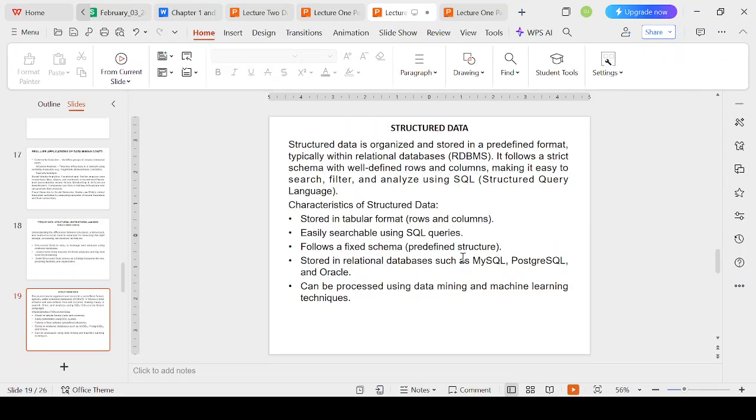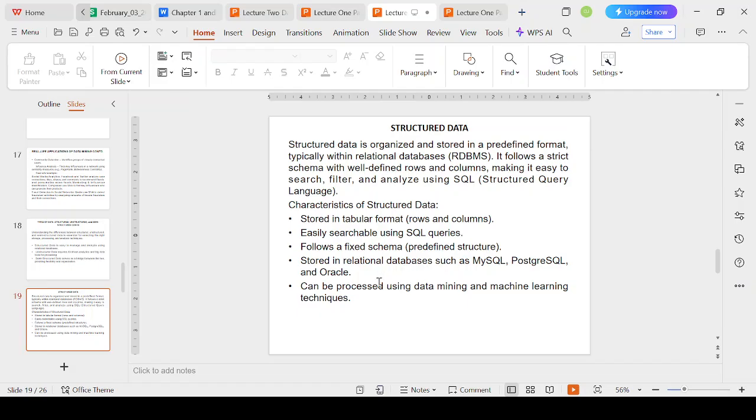You look at the structured data, how it's organized. In our database classes we have been using structured data. We use normal SQL to implement searches, store data in tabular form in related tables, easily searchable using SQL queries, following a fixed schema with a predefined structure.